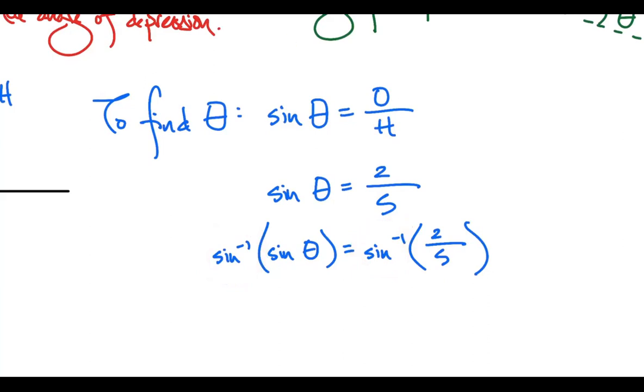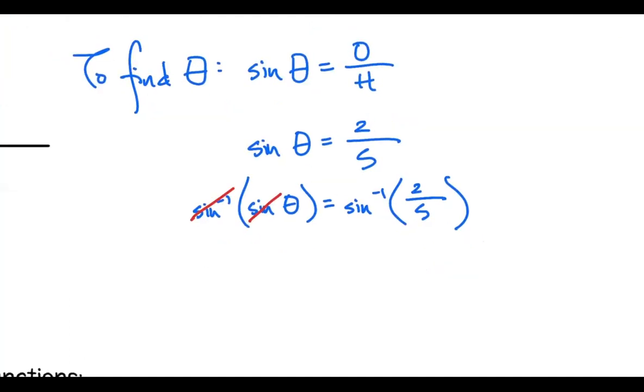But what this allows us to do is now the inverse sine and the sine sort of undo each other. And we're left with theta on the left-hand side, and on the right-hand side, we have inverse sine of 2/5.